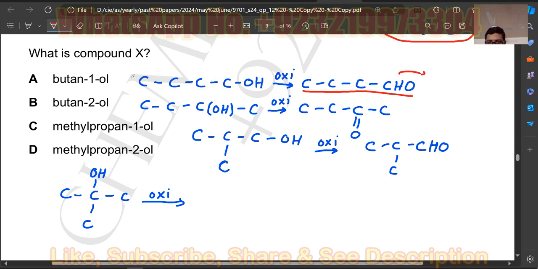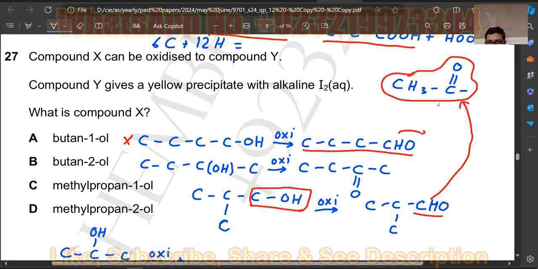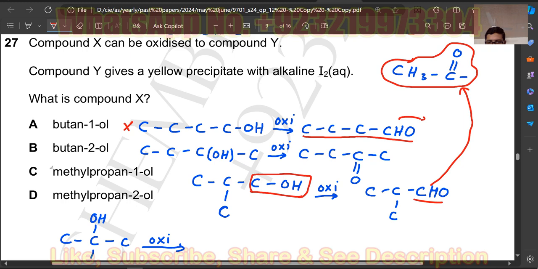So it is incorrect. Option C is methyl propanol. Now this methyl propanol has this formula, especially the carbons. When it is oxidized, you can see that it is again a primary alcohol, so it will convert into either aldehyde or further into carboxylic acid. But this is not the group which is needed; this group should be present to give the positive test. So it is again incorrect.